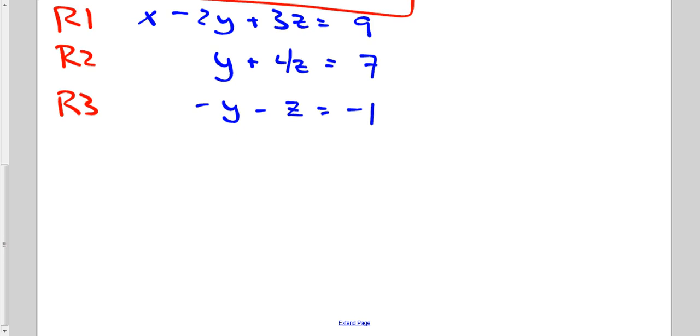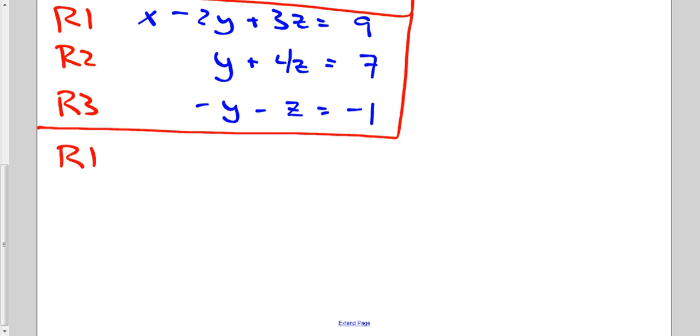So now that I've gotten rid of all my x's except for here, I want to start getting rid of y's. So row 1, I'm keeping x minus 2y plus 3z equals 9.